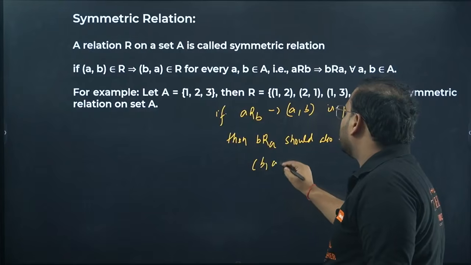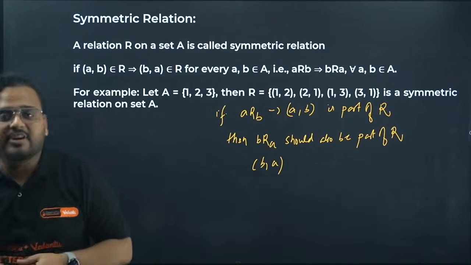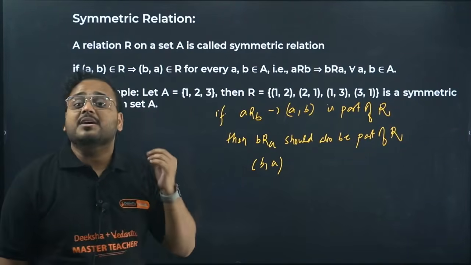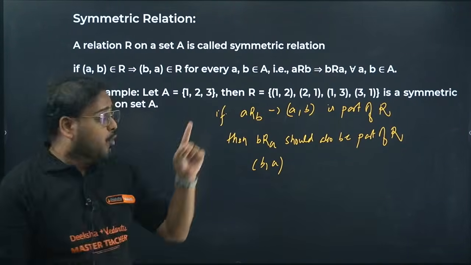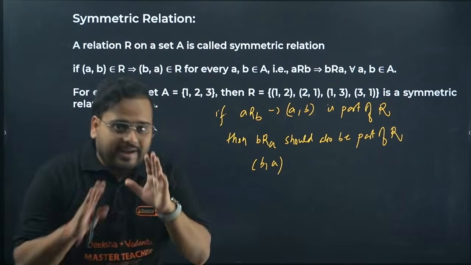The ordered pair B, A. The statement means that if in the given relation you have the ordered pair AB, then you must have the ordered pair BA as well. And if you have both cases true, it means the given relation is a symmetric relation. I hope this is clear.